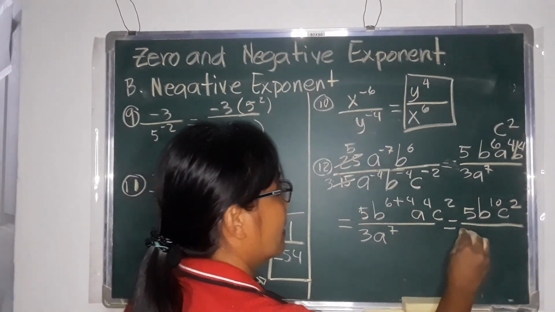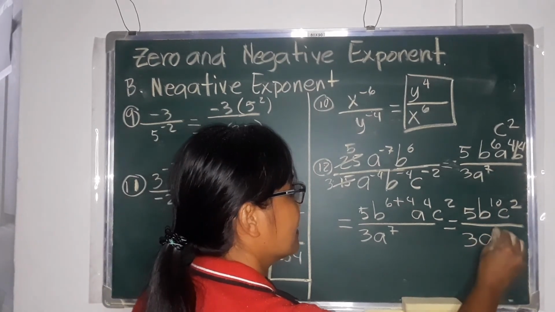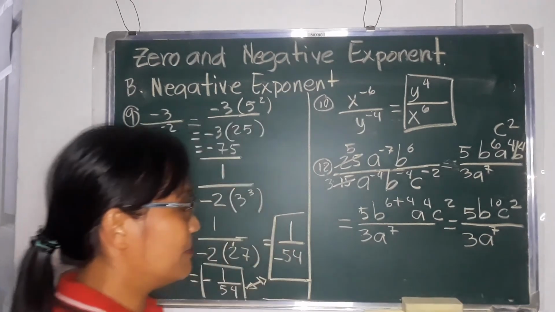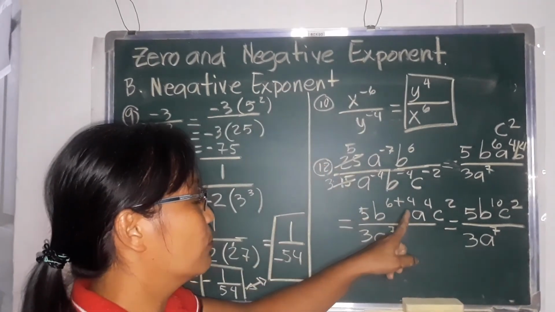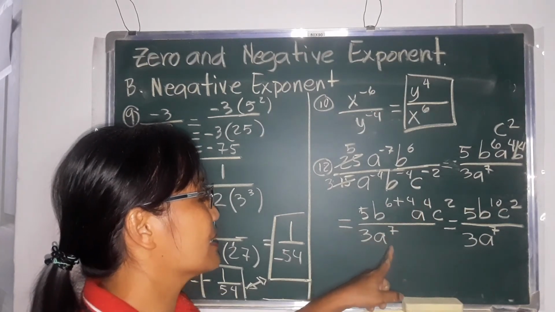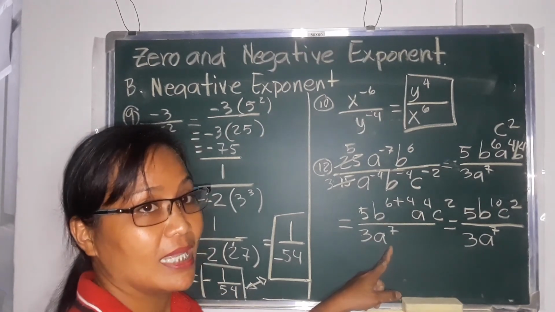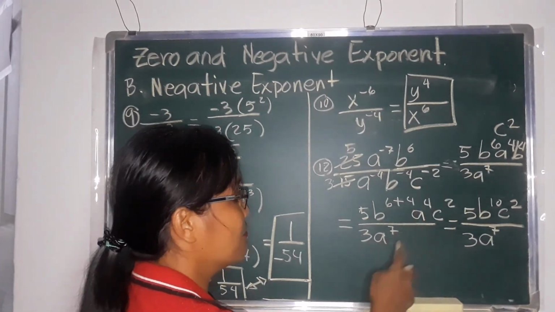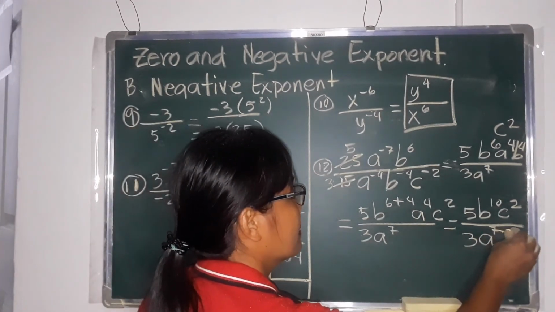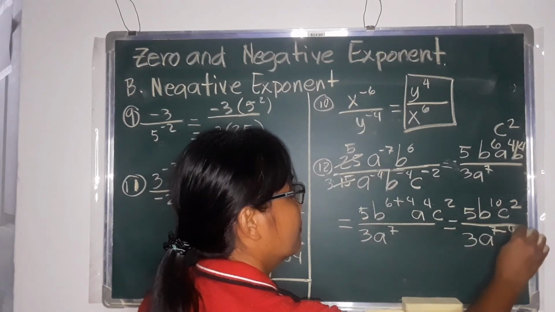Next, below we have 3a raised to 7. So remember that if they have the same base and it is a quotient, we're going to subtract the exponents. So a to the 7, a to the 4. So 7 minus the smaller exponent, 4.